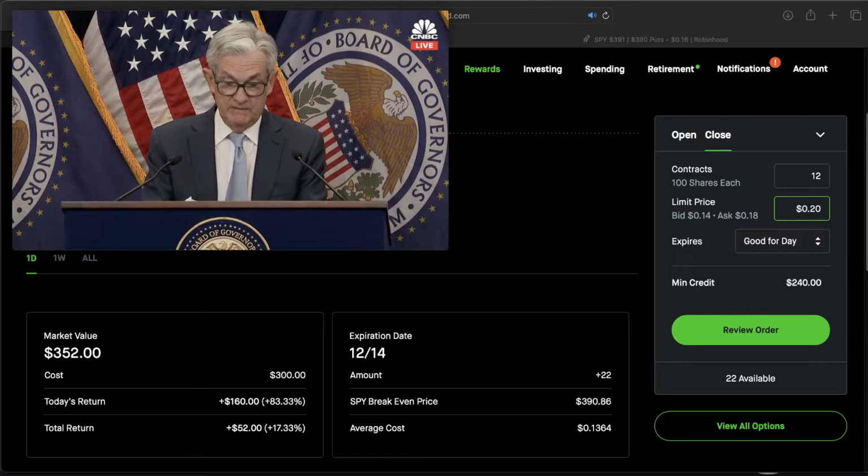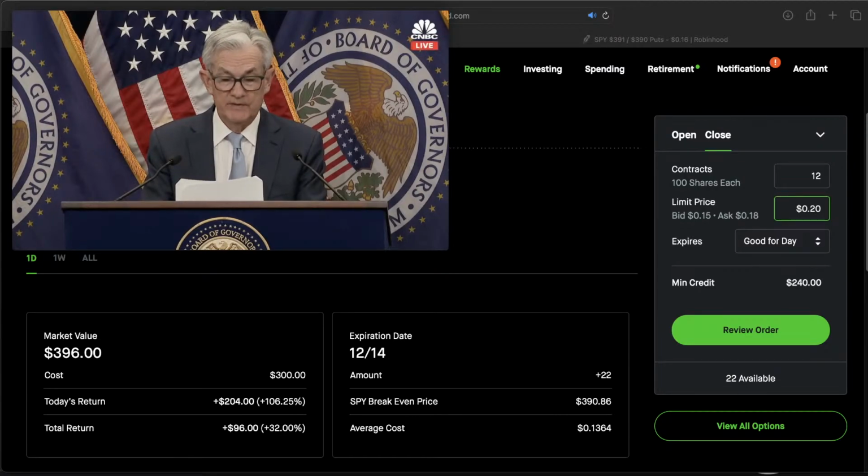Job gains have been robust, with employment rising by an average of 272,000 jobs per month over the last 3 months. Although job vacancies have moved below their highs and the pace of job gains has slowed from earlier in the year, the labor market continues to be out of balance, with demand substantially exceeding the supply of available workers.